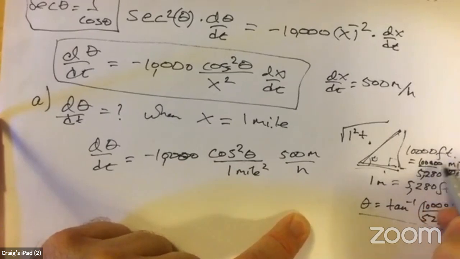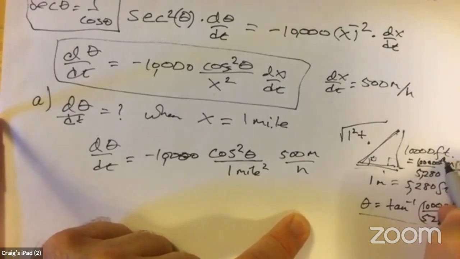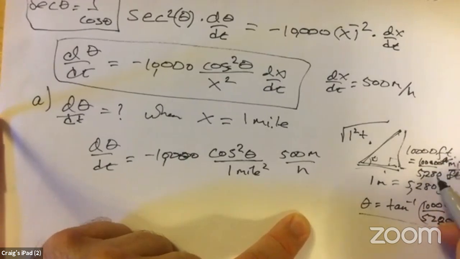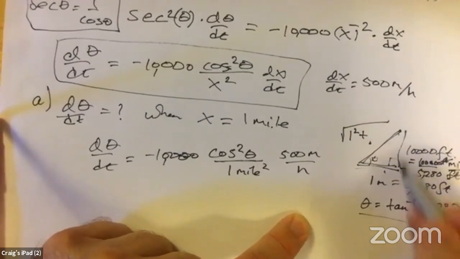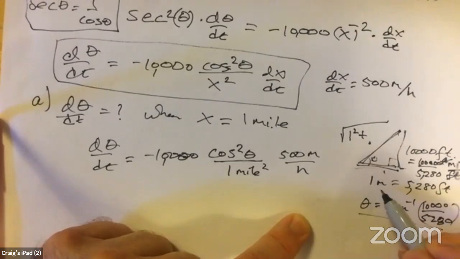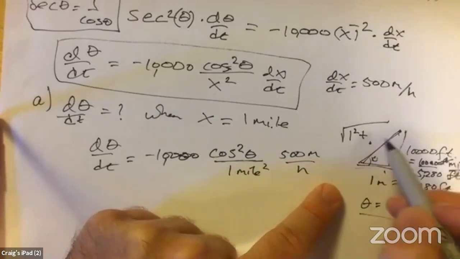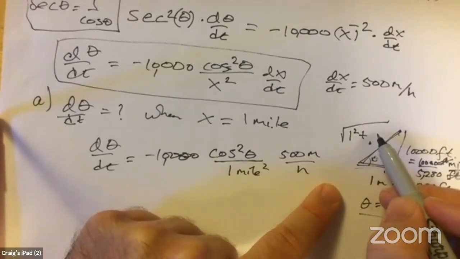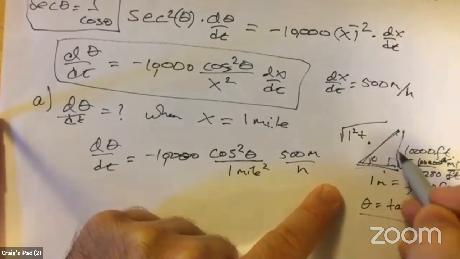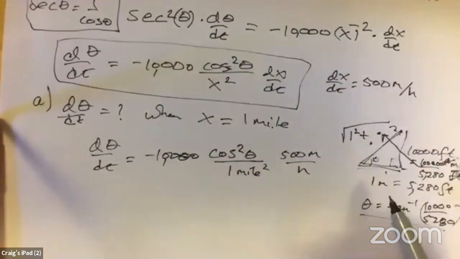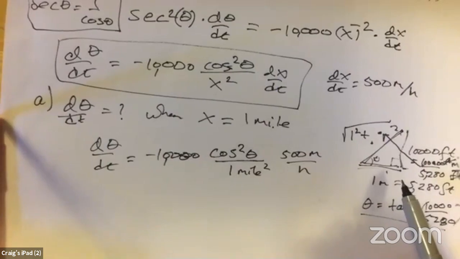So if I have 10,000 feet, it cancels with this, and I just have around 2 miles. So 10,000 feet is about 2 miles high, because 5,000 feet is approximately a mile. It's a little less than 2 miles, but just for simplicity, you're going to put that number in here and square it. And so that's what you need to do to calculate this.